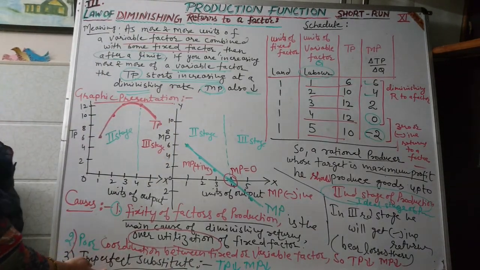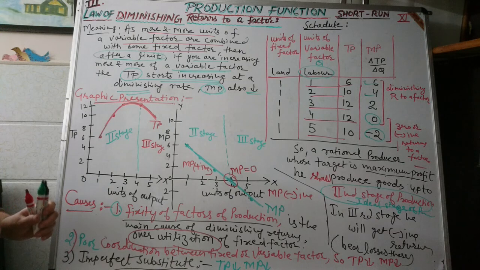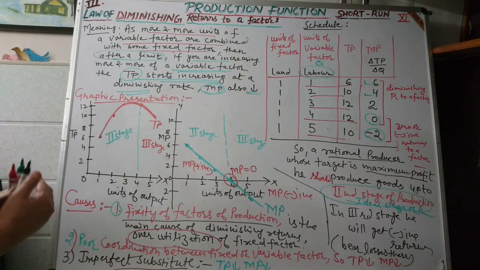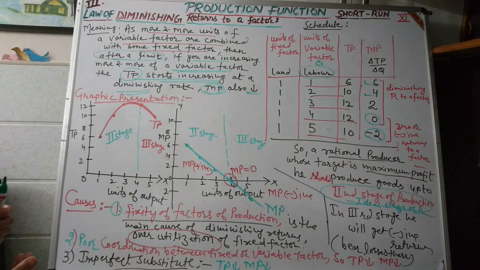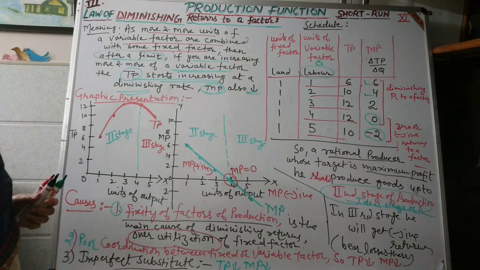So in the third cause of diminishing returns to a factor, they can't make a proper relationship between fixed factor and variable factor. That's why total production diminishes and marginal production also diminishes.